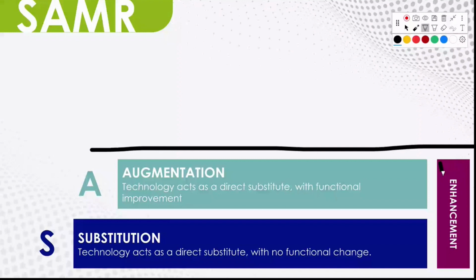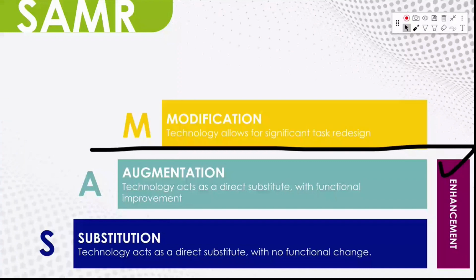But what I hope you can see today is that it opens up your mind to there being more that could be done. For example, when we go to modification, suddenly we're doing things that we wouldn't be able to do at all without technology. Technically, what you're seeing here, I could still be putting up different pictures and drawing different things in different colors and getting the same thing happening.